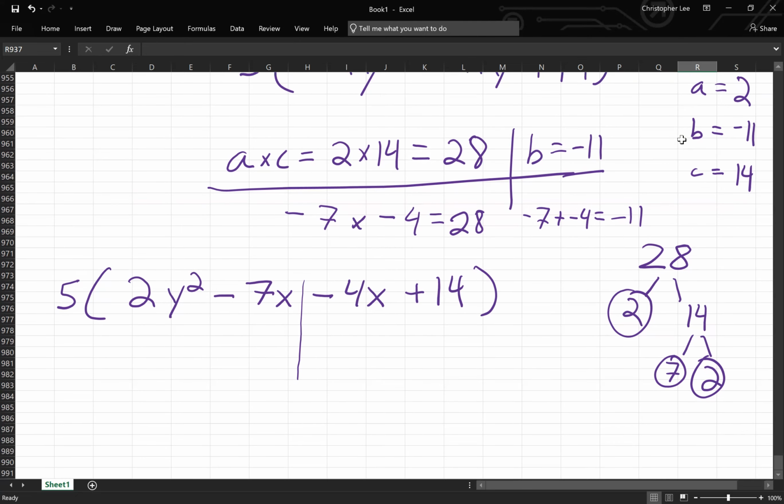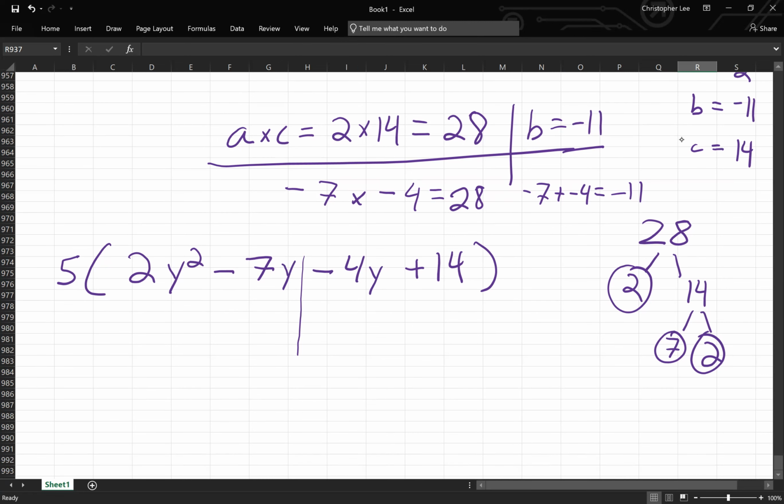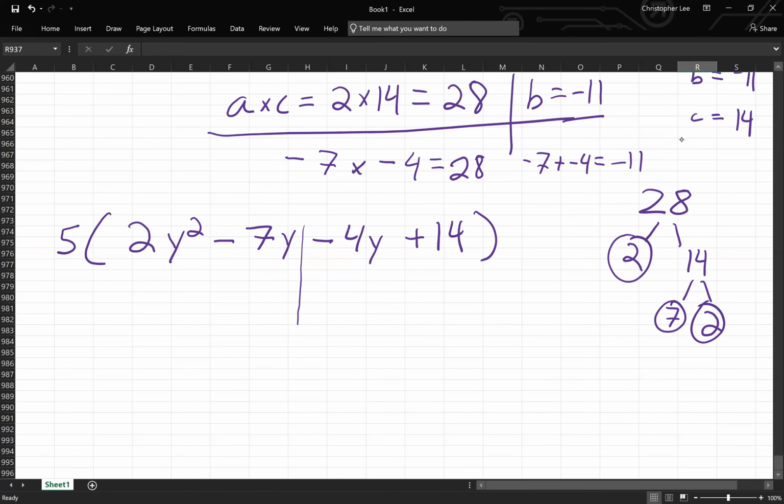On my left-hand group, what's the greatest common factor? Hold on one second. I forgot that we're dealing with y's right here. That's my mistake. Let's try that again. In my left-hand group, what's the greatest common factor? Not 1. Forget the 5.